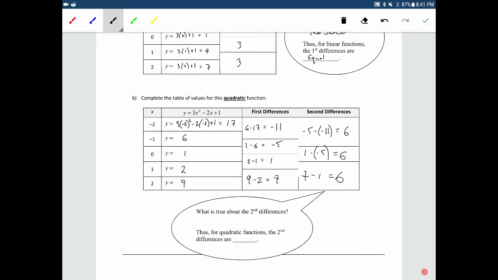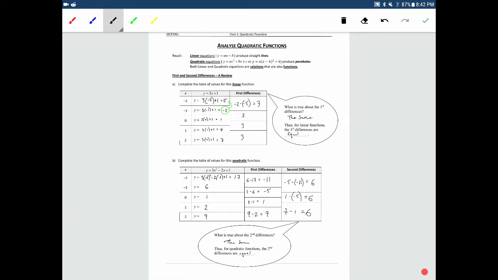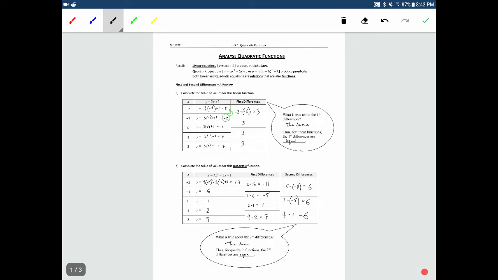So they are all the same. So what is true about the second differences? They're all the same again. And thus, for quadratic functions, the second differences are equal. The second differences, I should say, are equal. And there we go. So whether you remembered that from last year or not, doesn't matter.